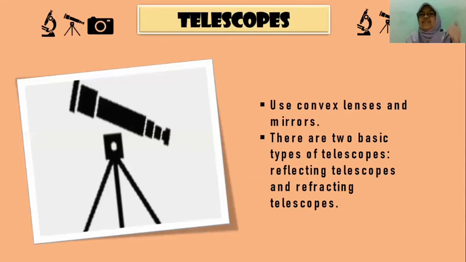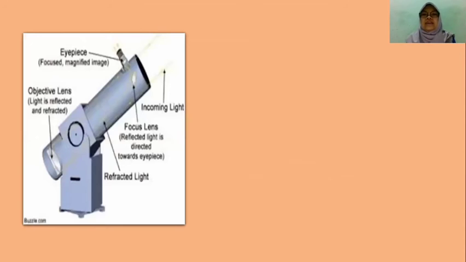So next is telescopes. Telescopes use convex lenses and mirrors, the same as microscopes. And there are two basic types of telescopes: reflecting telescopes and refracting telescopes. And this is the anatomy of a telescope.